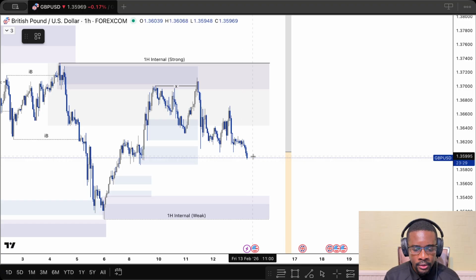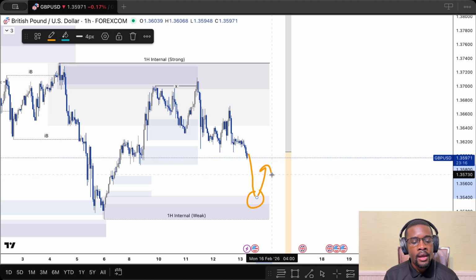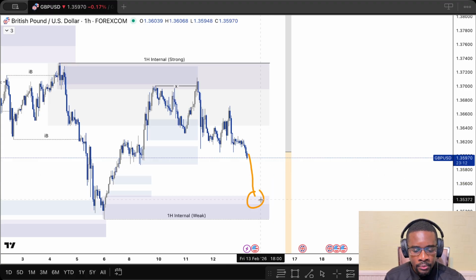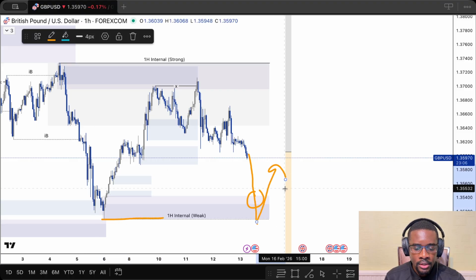We could expect price to continue, at least to mitigate this demand before a reaction upwards. However, ideally we would want to see a sweep of this low, and then start looking for longs. The news may cause that to happen.